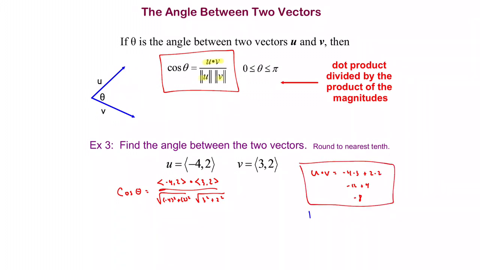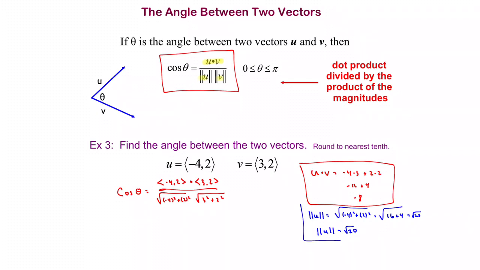Then I'm going to find the magnitude of vector u. So that's the square root of negative 4 squared plus 2 squared. So that's equal to the square root of 16 plus 4, or the square root of 20. And I'm actually going to leave that as the square root of 20, and I'll explain why.